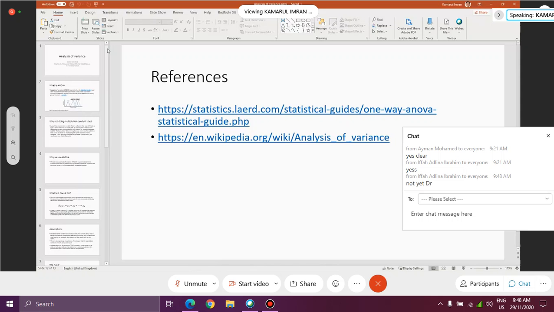I mean for checking the assumption of equal variance. Yes, you can use the same Levene's test, or you can use a couple more tests for analysis of variance. Does that answer your question? Yes, thank you, doctor.